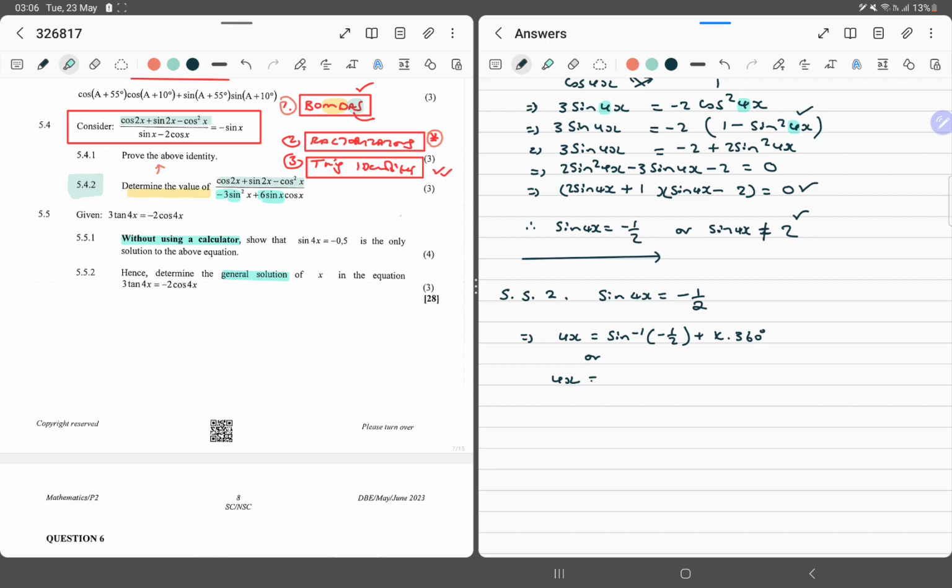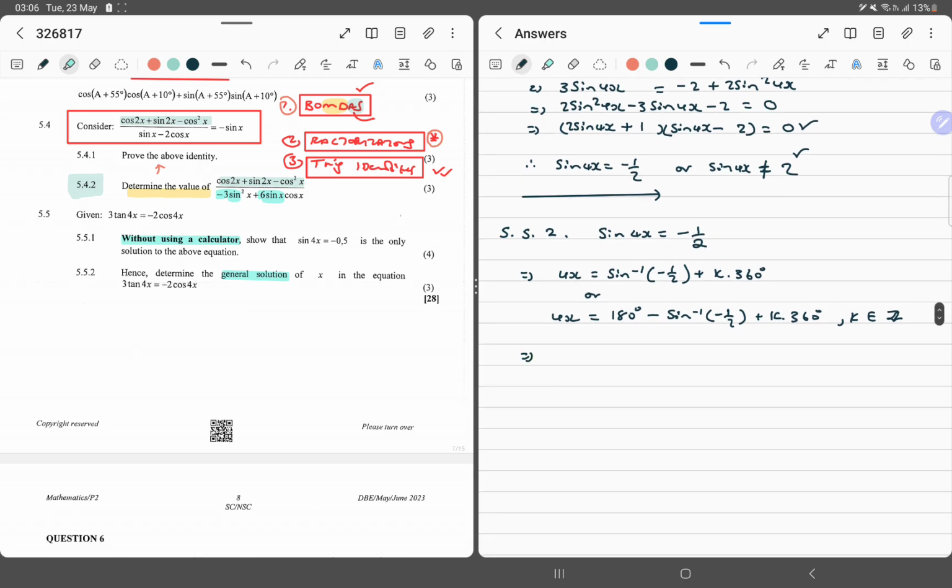Or 4x is going to be, for sine you always consider this, where k is an element of integers. Okay, alright. Now we sort out 4x is equal to shift sine of a negative half, shift sine of minus 0.5 is minus 30.